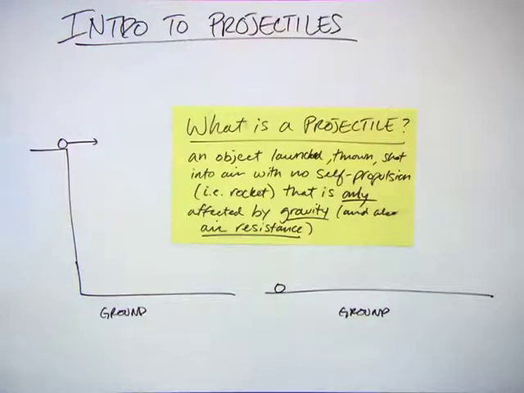So a projectile, like a ball kicked in the air, right? Applications in sports, pretty much every sport: basketball, volleyball, baseball, soccer, golf. Anything that hits a ball or throws a ball into the air has an application of projectiles. Shooting a bullet, throwing a rock off a cliff, or even jumping off a cliff yourself, your body becomes a projectile.